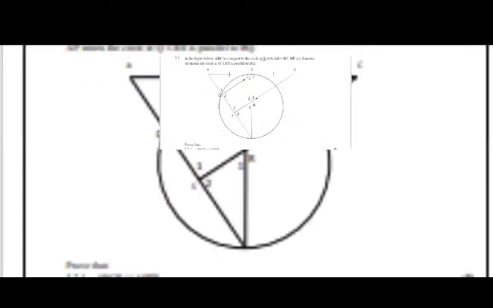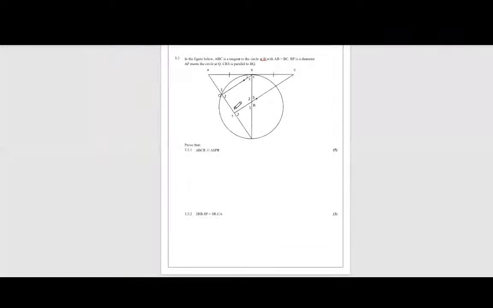Let me just make it a little bit smaller. And then AP is going to meet the circle at point Q. CRS is parallel to this, and that's been indicated for us.